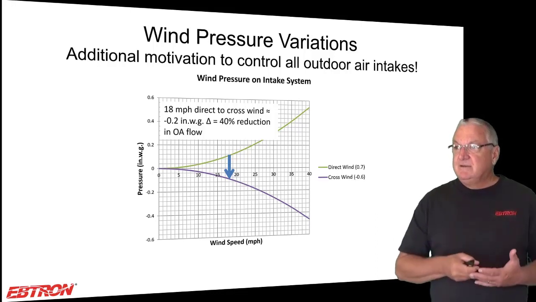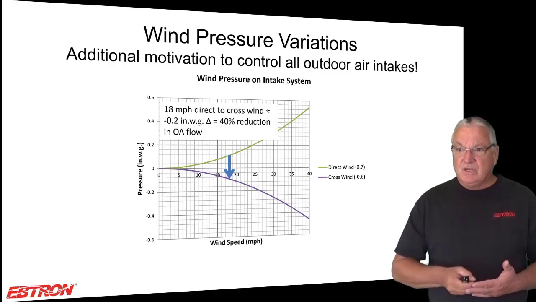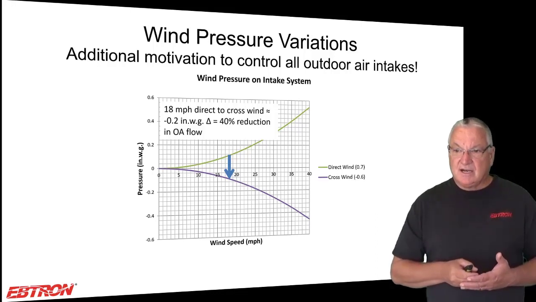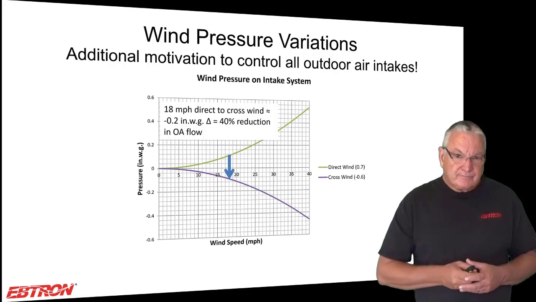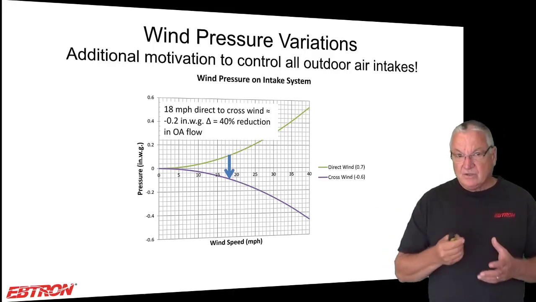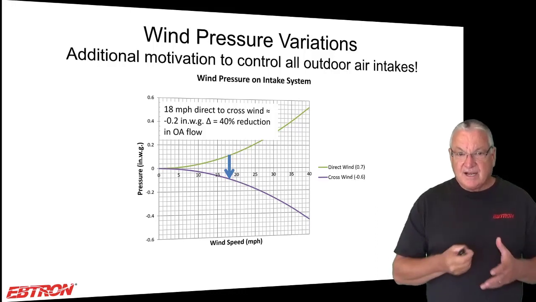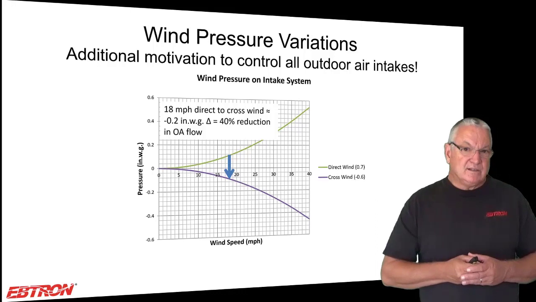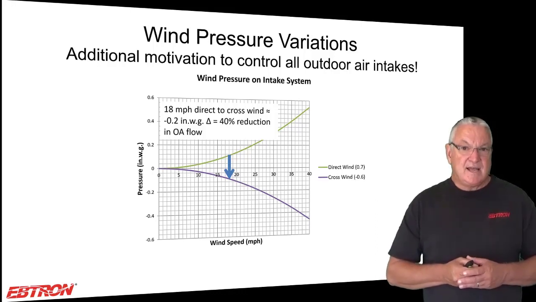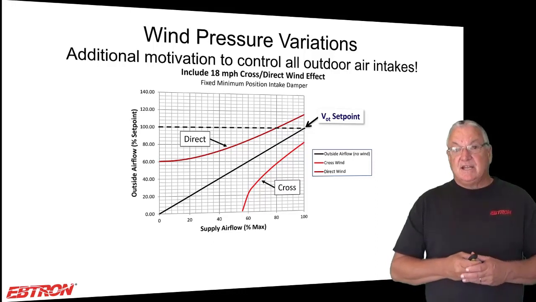And that doesn't seem to be taken into account enough. We see a lot of documentation out there. Standard 62 particularly talks about making sure that you handle changes in fan speed, and you have to do some kind of dynamic control to do that. But very rarely do we see anything that says, hey, wind pressure is a problem. And it is a huge problem.